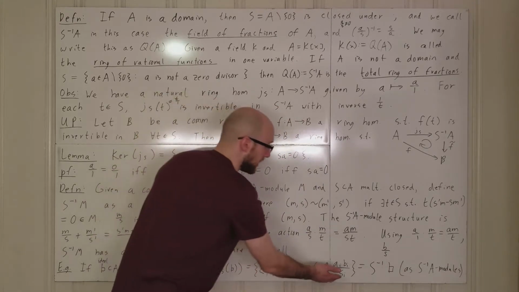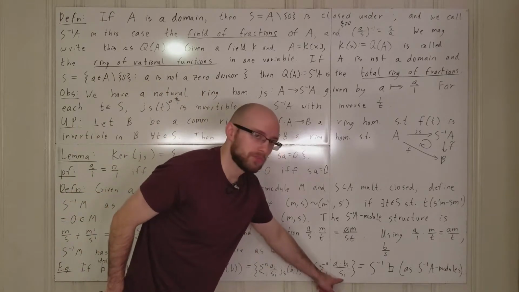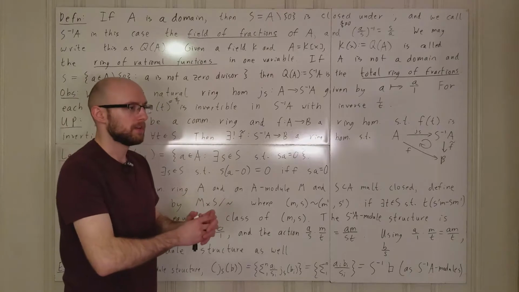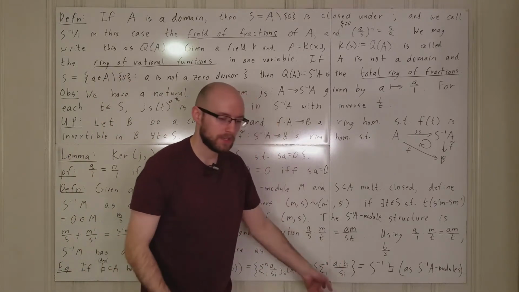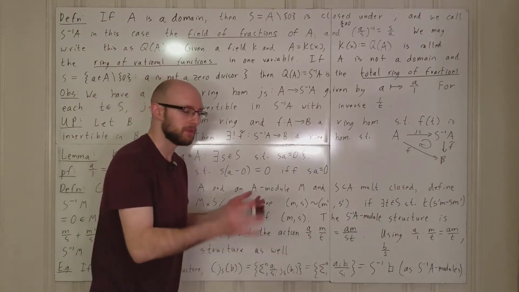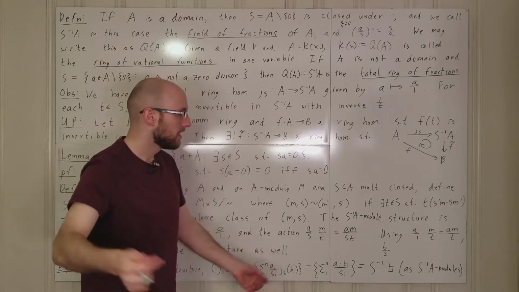And now if you have anything in here, what you can do is take this sum and multiply everything by the s_i's so that you get a common denominator, and that common denominator will be the product of s_1 through s_n.